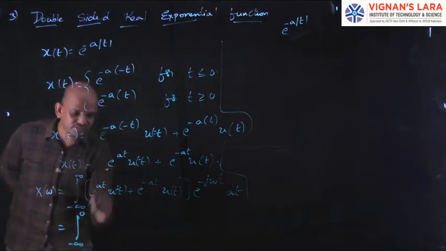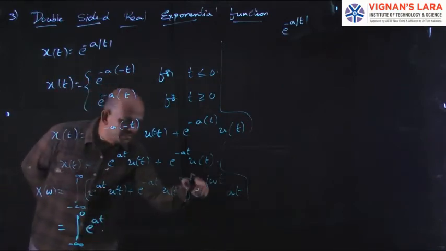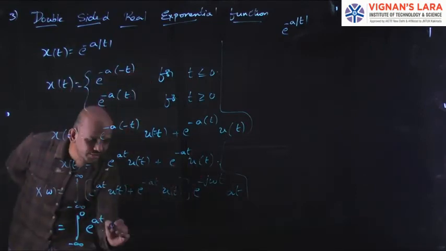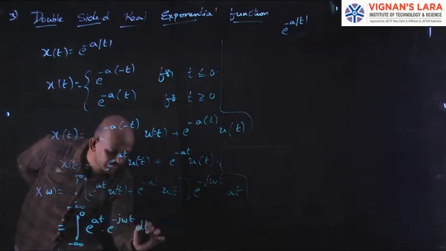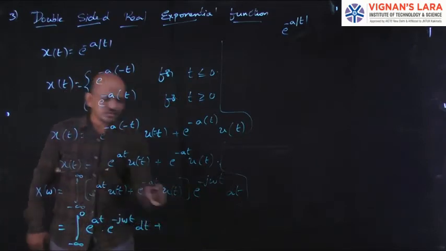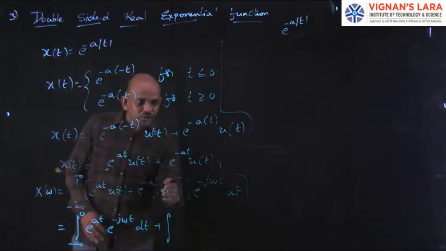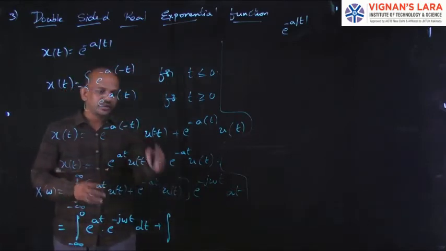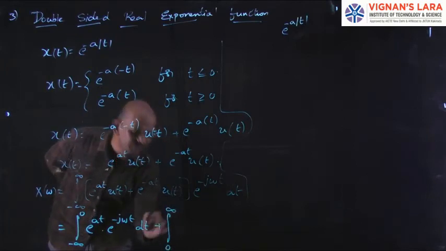So 1 into this one is e power at into e power minus j omega t dt, and I'm separating this also in a single step, plus, from 0 to infinity the value of u of t is 1. So here I will take from 0 to infinity and consider this one.